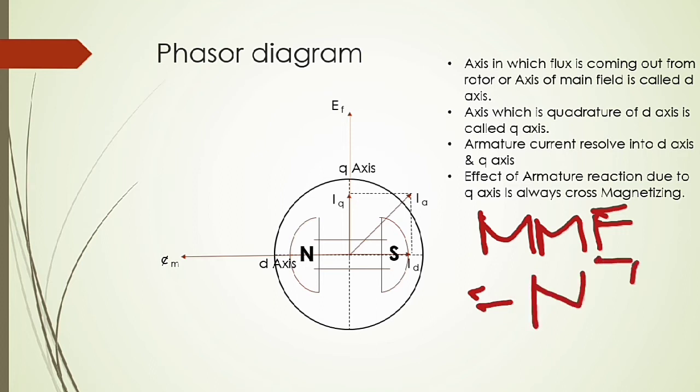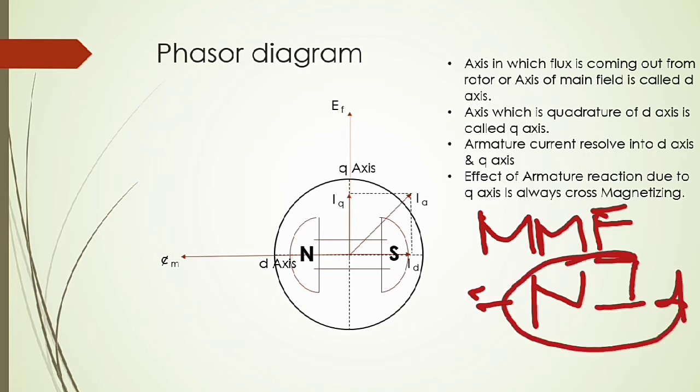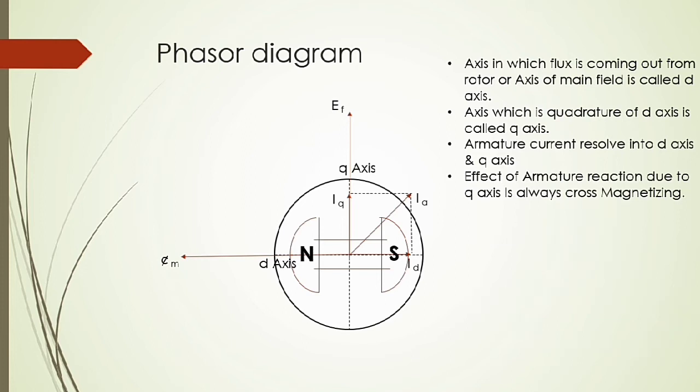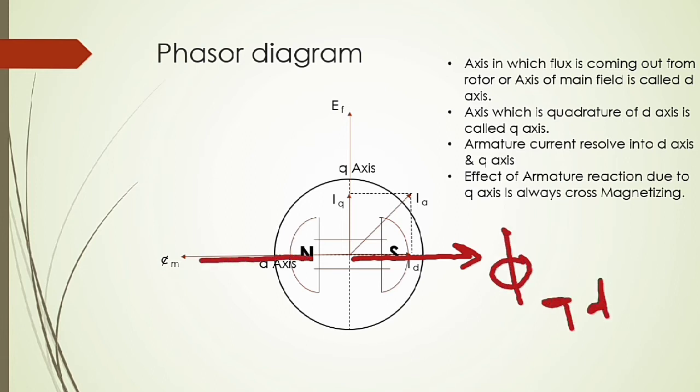Whatever the MMF or the flux produced, in case of the lagging power factor, that is always the reason for the demagnetization effect. Here you see this flux always opposes the main field flux, so it is always demagnetization in case of the lagging power factor.